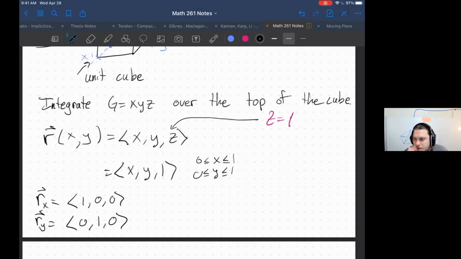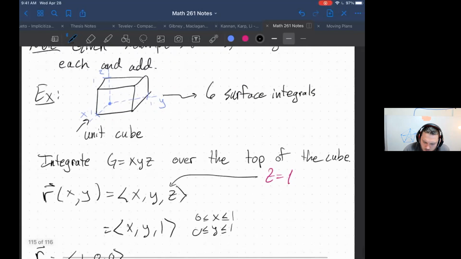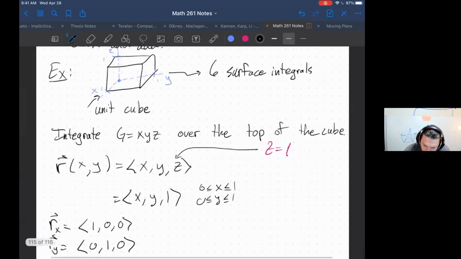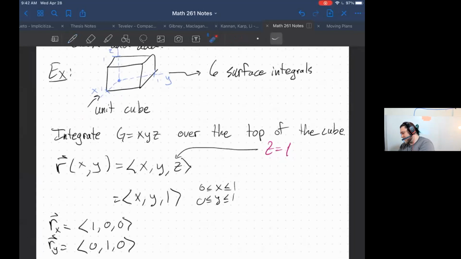And actually, I want to pause here. I'll scroll back up and zoom out a little bit. Looking at this surface, I'll have you look at the top of the surface.